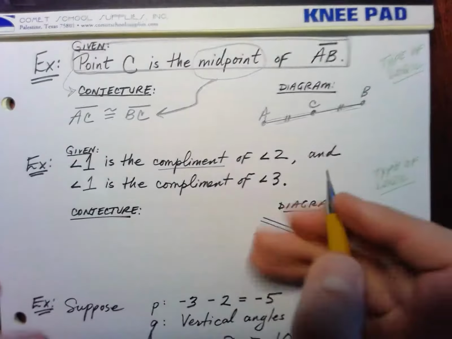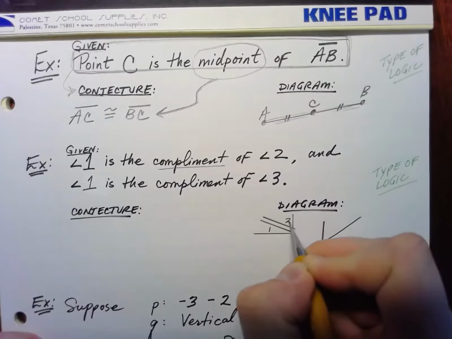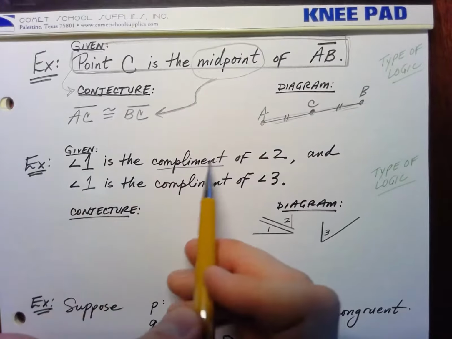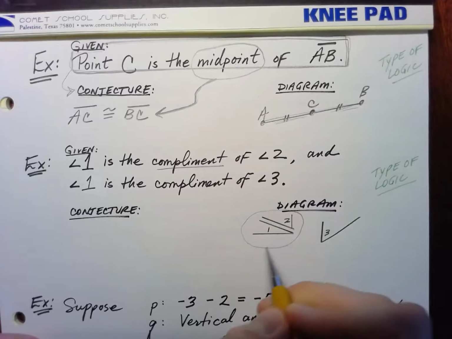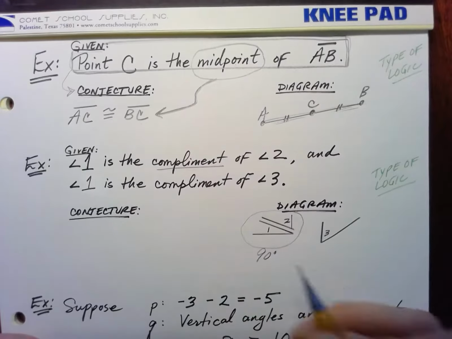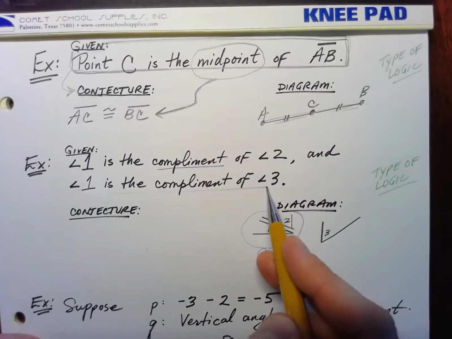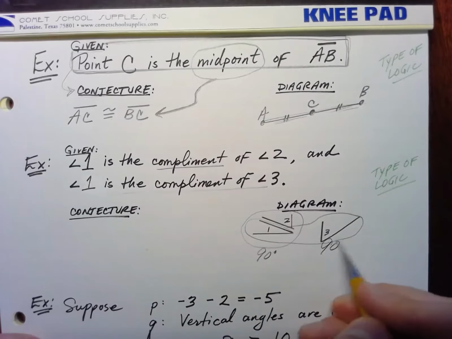Let's say that this is angle 1, this is angle 2, and this is angle 3. If angle 1 is the complement of angle 2, then these two together equal 90 degrees, right? And angle 1 is the complement of angle 3, so angle 1 and angle 3 have to be 90 degrees.